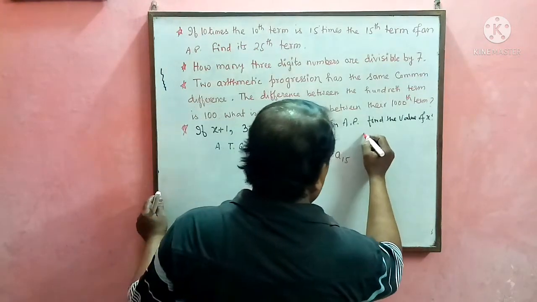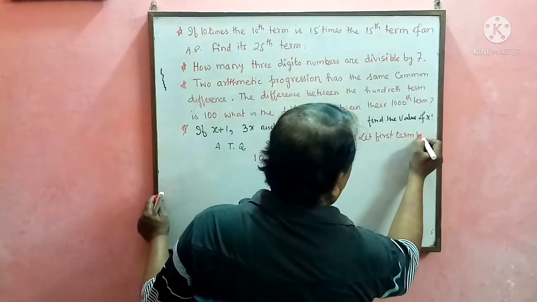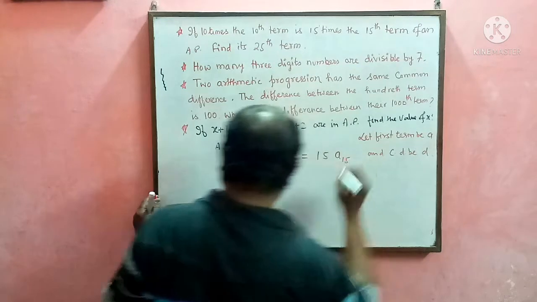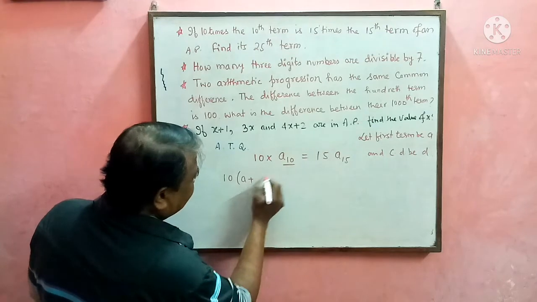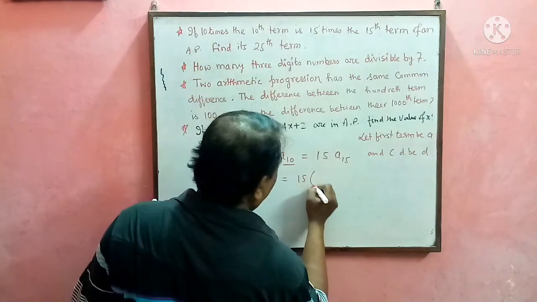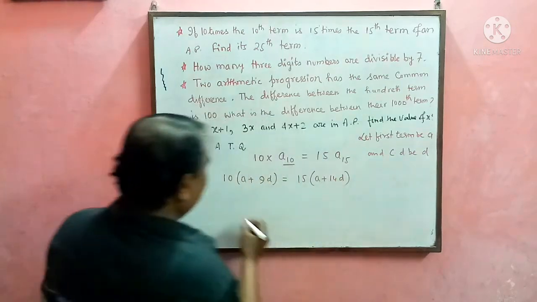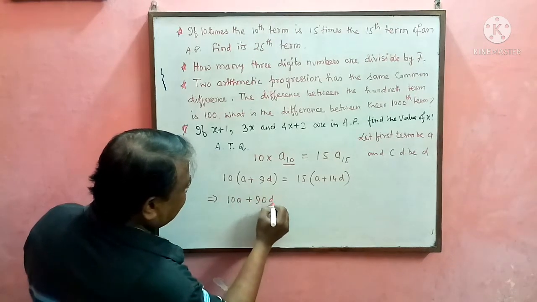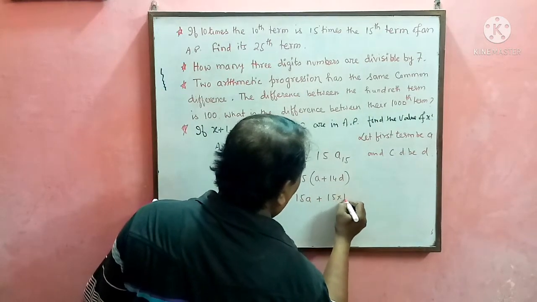Let the first term be A and the common difference be D. Now you write 10 times (A plus 9D) is equal to 15 times (A plus 14D), or 10A + 90D = 15A + 15×14D.